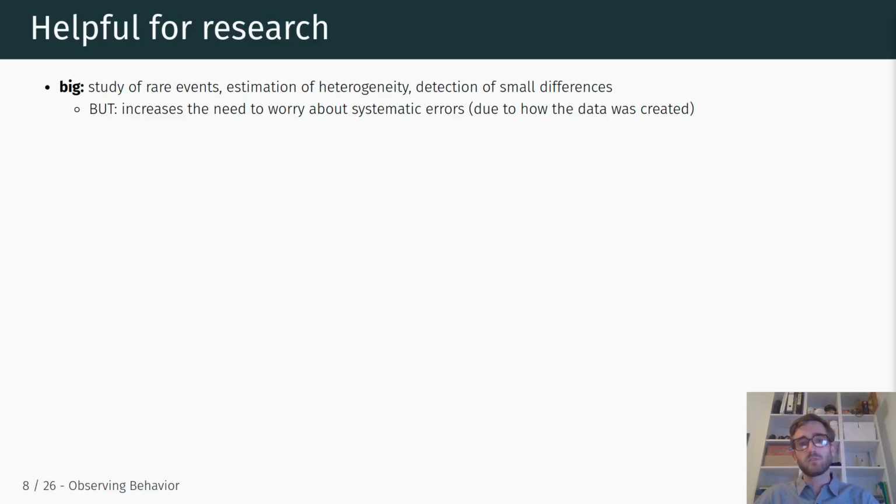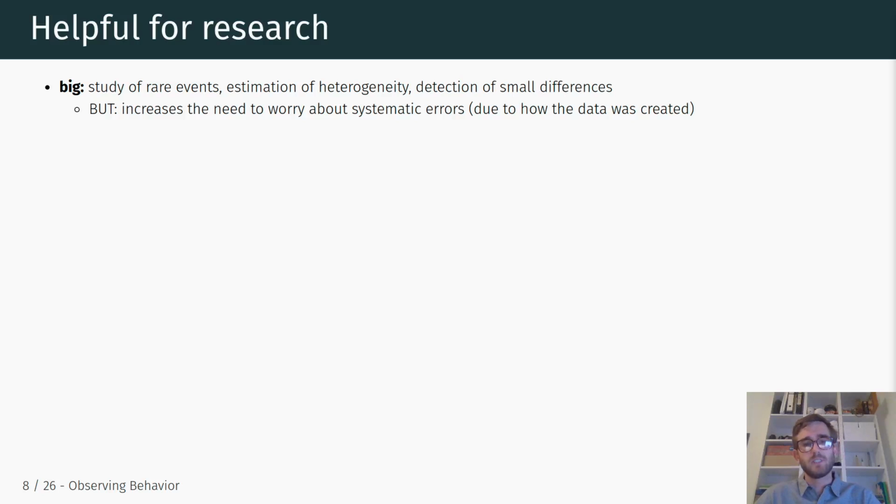Or when we're interested in estimating heterogeneity, so differences between certain groups in the population, or differences in effects over time, then it can be really important to have a large amount of data available. Similarly, if we're interested in the detection of small differences, then we need large amounts of data, and so big data sources, of course, help in that goal.